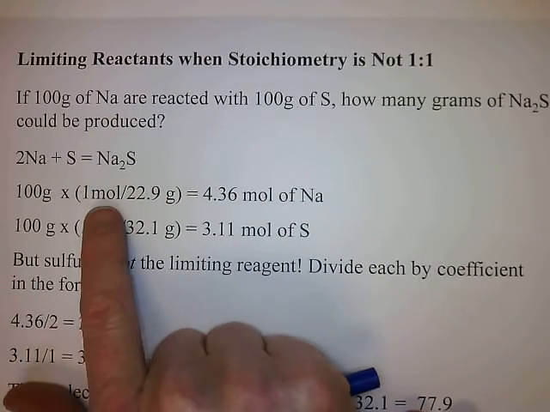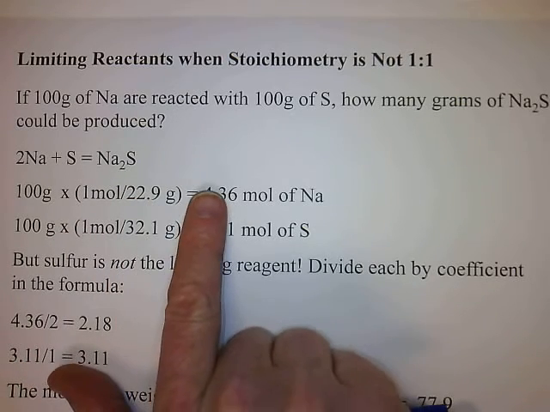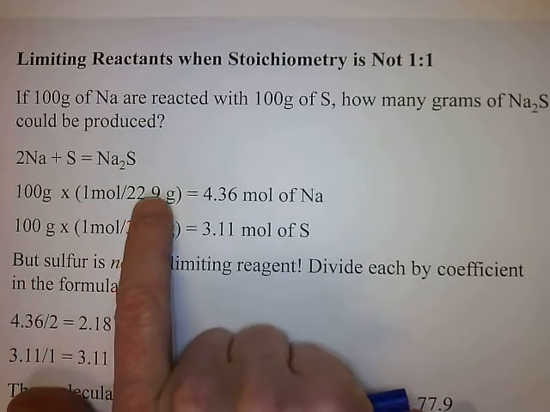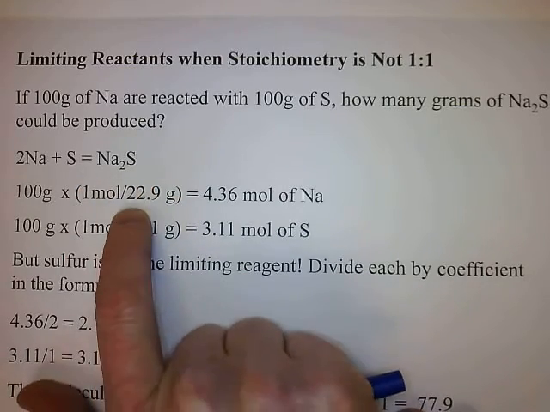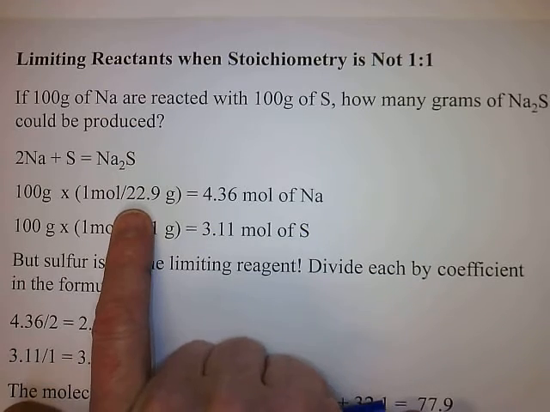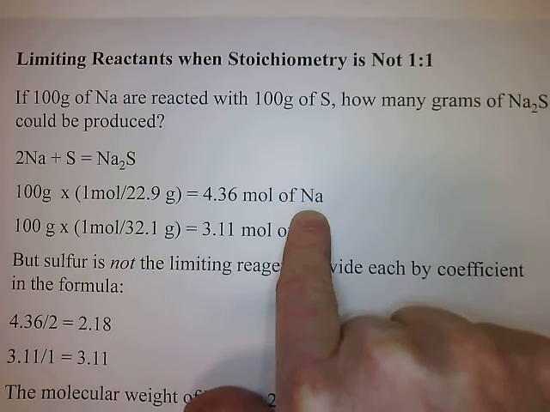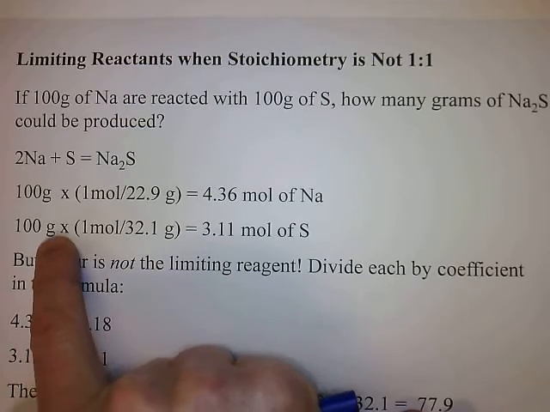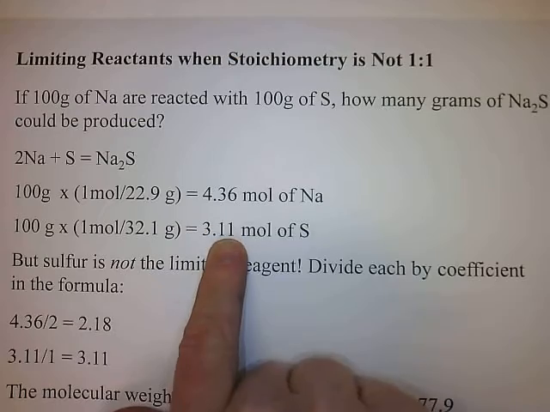Let's first divide each mass by the molar mass and convert it into moles. 100 grams divided by 22.9 grams per mole is 4.36 moles of sodium, and 100 grams of sulfur divided by the molar mass of sulfur, which is 32.1, is 3.11 moles of sulfur.